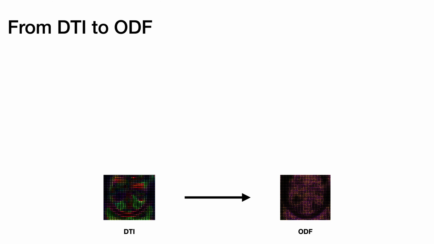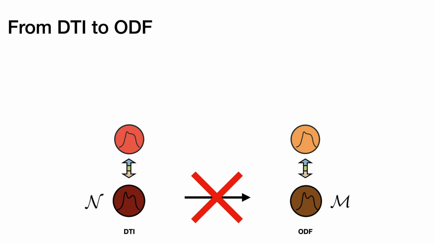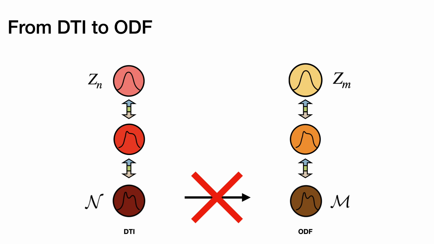Going back to our main goal, which is to generate ODF based on DTI: since directly generating is not good enough, we first invertibly map DTI or ODF into the hidden space where the distribution is Gaussian, and then we can define the transformation in the latent space.